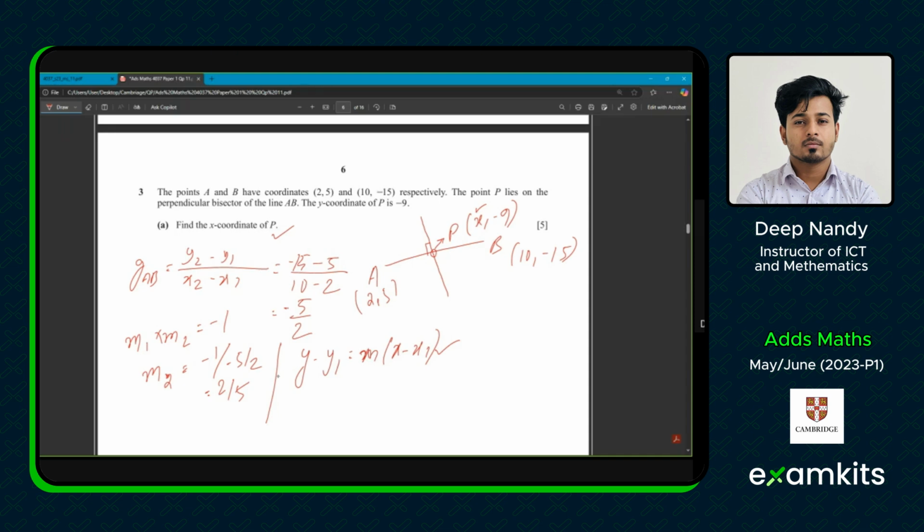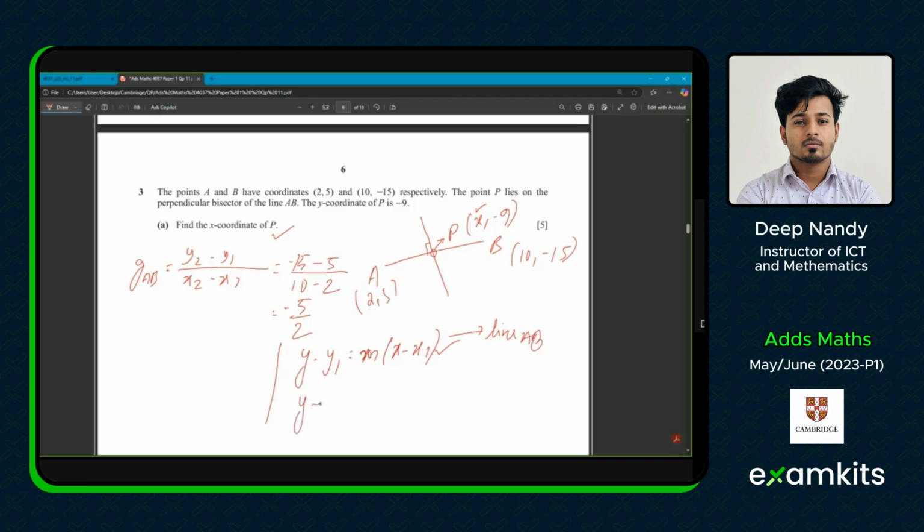I guess we don't need the gradient of the perpendicular here, so we omit that. We can find it another way, by using the previous part. We're going to make the equation of the line AB.